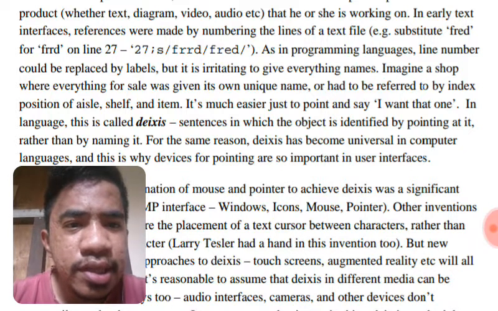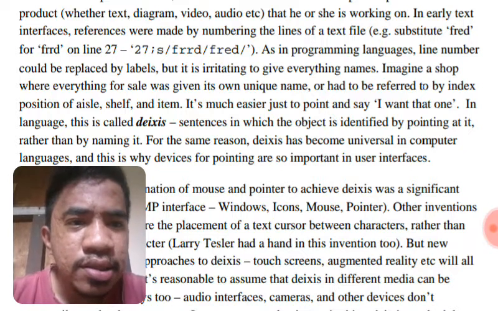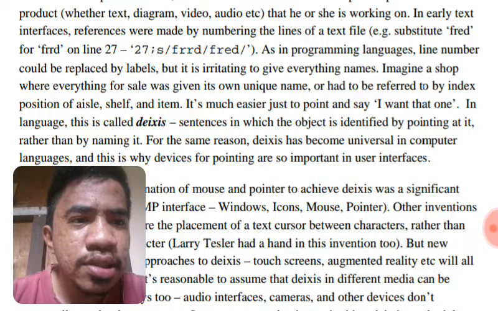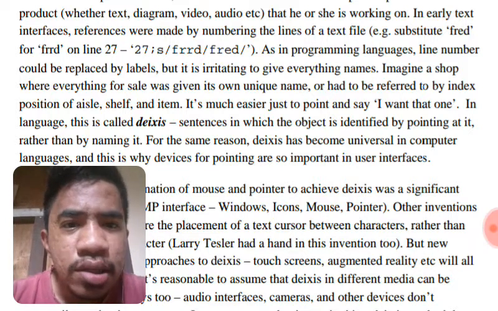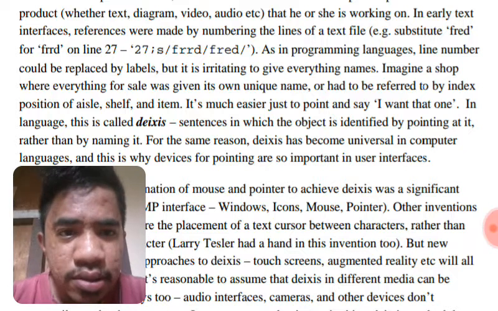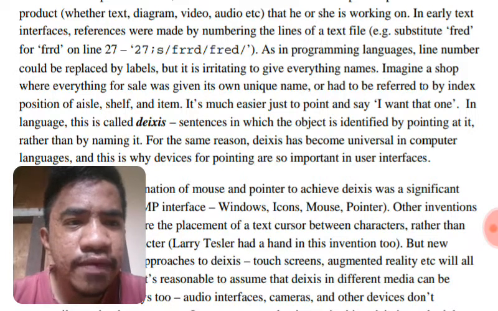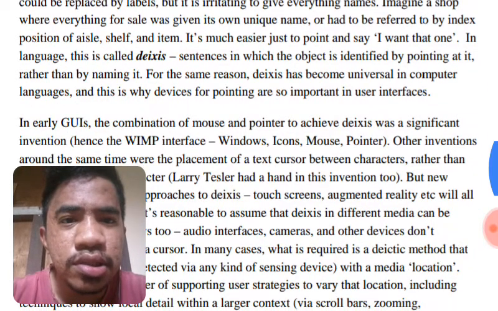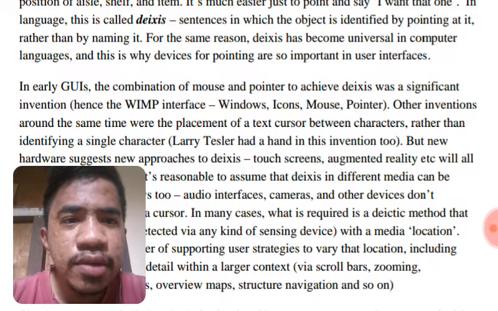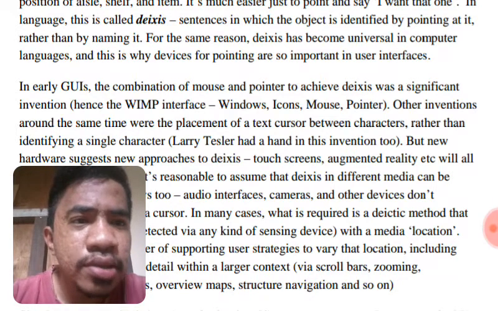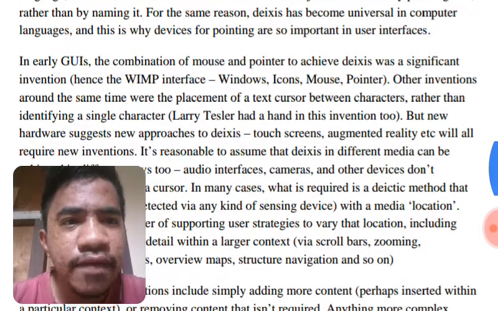This is called a deictic sentence, in which the object is identified by pointing at it, rather than by naming it. For the same reason, deixis has become universal in computer languages, and this is why devices for pointing are so important in user interfaces.